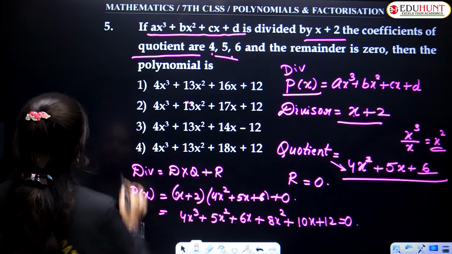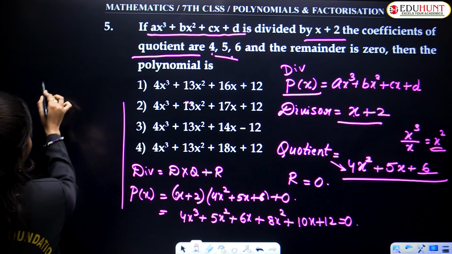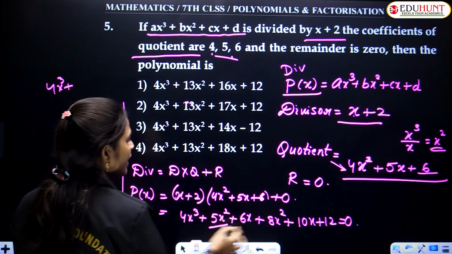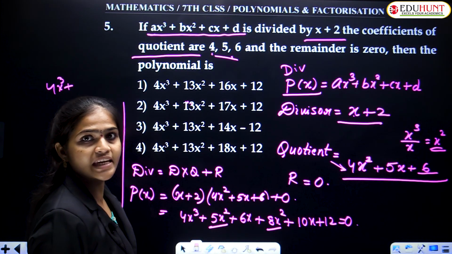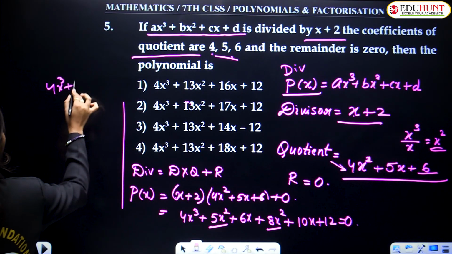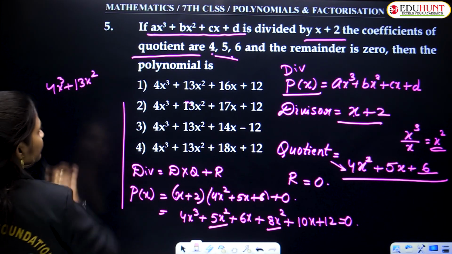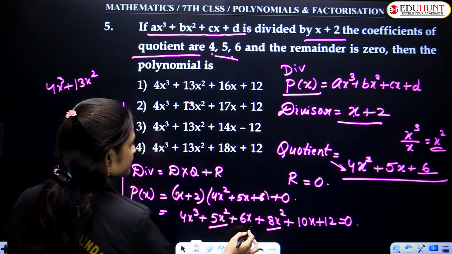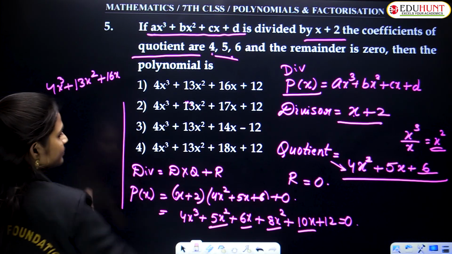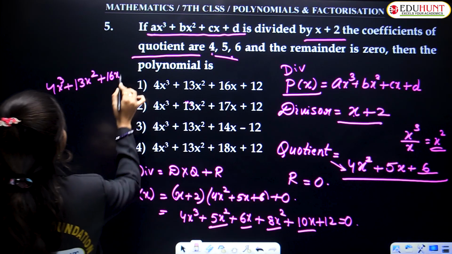4x cube plus, for the x square terms, 5x square and 8x square, which is 5 plus 8, which is 13x square. Clear? Next, x terms: 6x and 10x, so plus 16x. Okay, so plus 12.